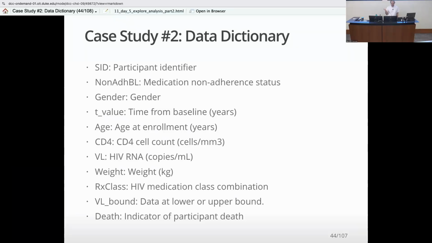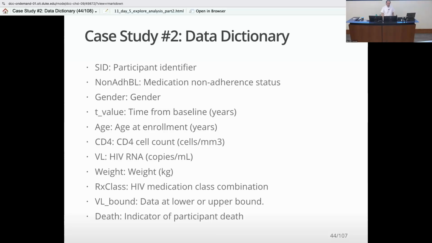What about weight? Yeah, it's numeric continuous. Although it says here kilograms, it's probably represented as an integer, but technically it's going to be continuous. HIV medication class combination. Yeah, it's probably going to be a nominal categorical, and we kind of saw that before. I used that as an example.